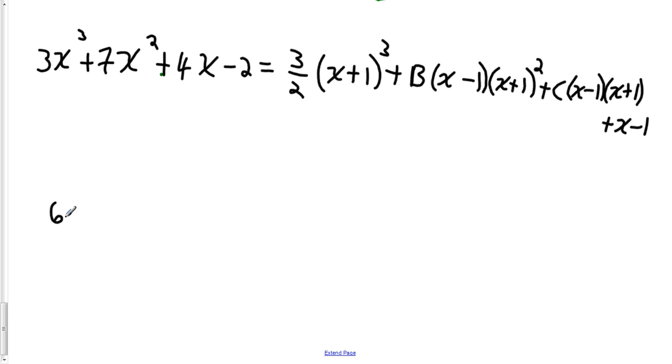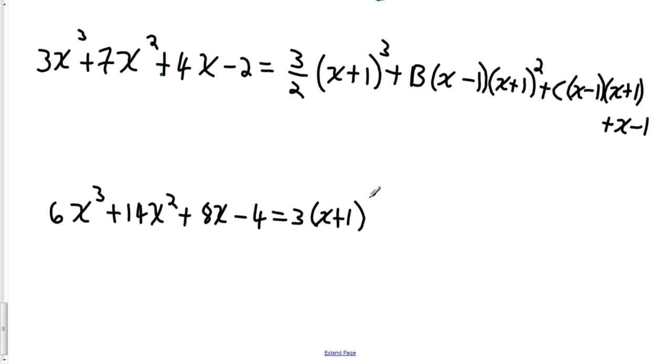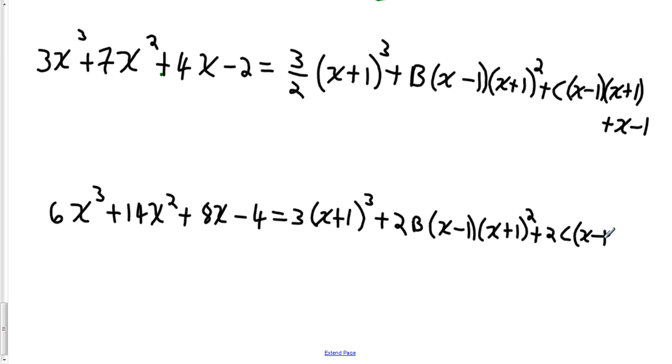So I'm clearing the fractions to get 6x to the third power plus 14x squared plus 8x minus 4 is equal to, the 2 would cancel here, leaving me just 3 times x plus 1 to the third power, and then plus 2b times x minus 1 times x plus 1 squared plus 2c times x minus 1 times x plus 1, and then plus 2x minus 2. So I multiplied every term by 2 to clear the fraction.